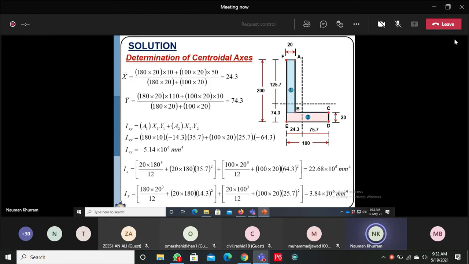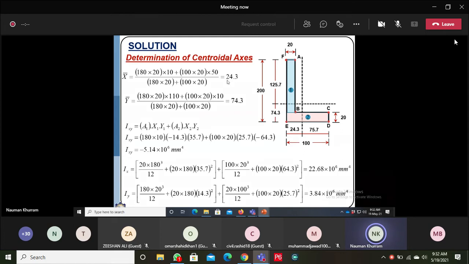Last time we discussed how to compute the centroidal location first. Since this is an unsymmetrical section, we can divide this angle into two parts and use the moment of area by parts method, as I explained in my previous lecture. First of all, we compute the centroidal location x bar and y bar.